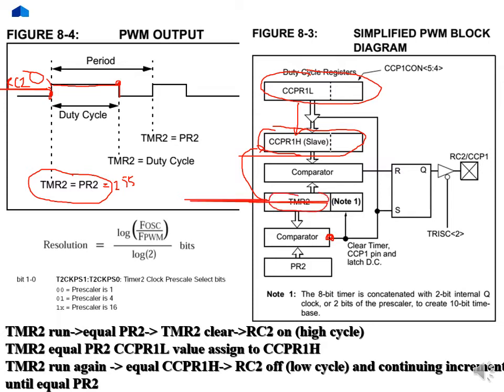Now the Timer2, 10-bit, will become 8-bit, and it will continue to run until it meets PR2 here. Then when it equals PR2 here, the pin will go high again, the timer will become 0 again, and another loop continues. Okay, so this is the flow chart of how it works.